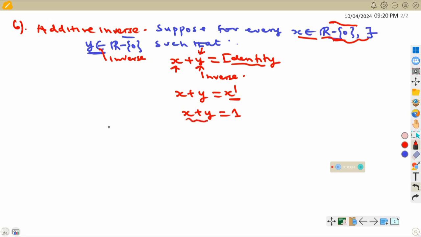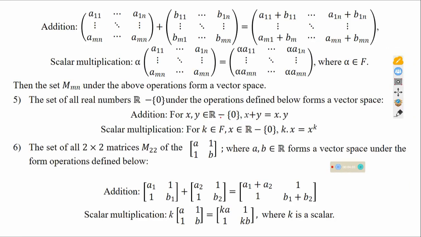We know by definition that x plus y is the same as x times y. That is by definition of addition in this given set. That is what we were given: whenever we are adding x plus any value, it is the same as x times y.